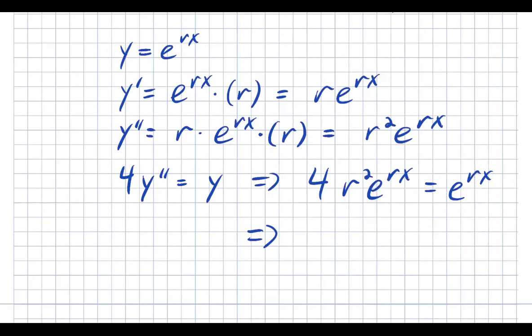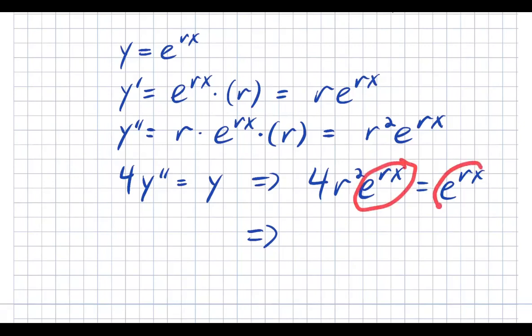That makes it a little bit nicer, because what I'm looking at now is we have this equation, and we have this common thing on both sides. We have e to the rx on both sides, right? So there's e to the rx there, and there's e to the rx there as well. So let's divide both sides of this equation by e to the rx. E to the rx is always going to be non-zero, so we don't have to worry about it being 0. We know e to the anything is going to be something positive, right?